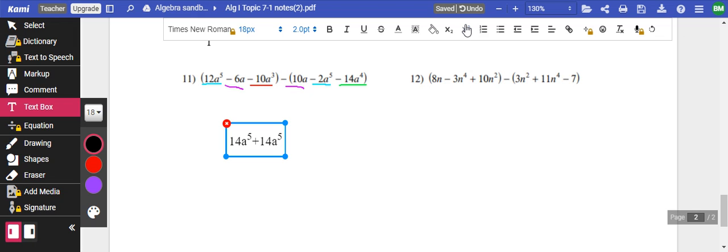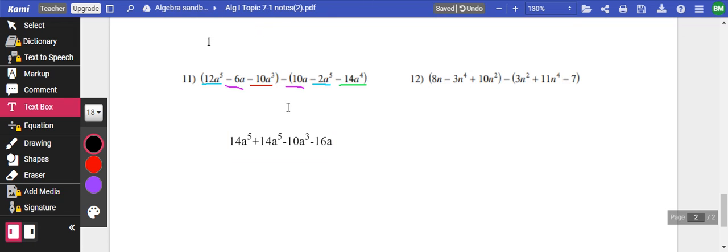Now we've got negative 10a to the 3rd. There's nothing that goes with it, so I just bring it down. And then I'm going to combine negative 6a minus a negative 10a, which becomes negative 16a. It's a little bit complicated. It might be easier to make all those negative first.